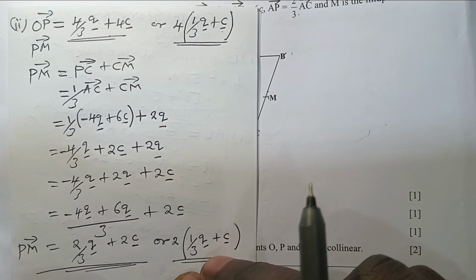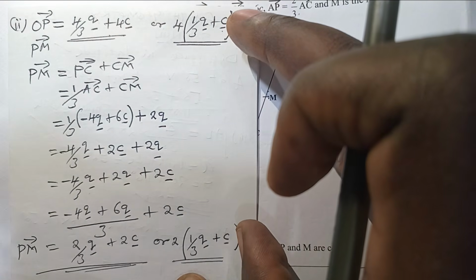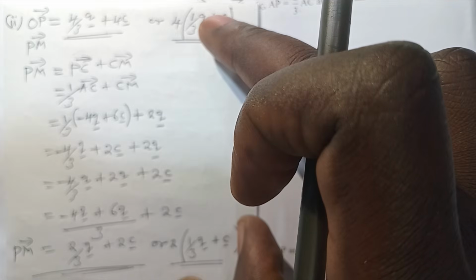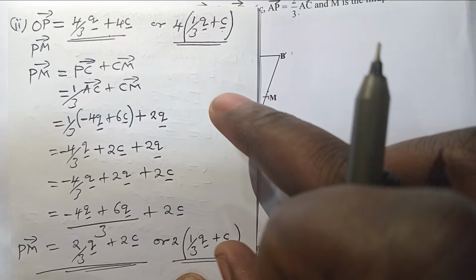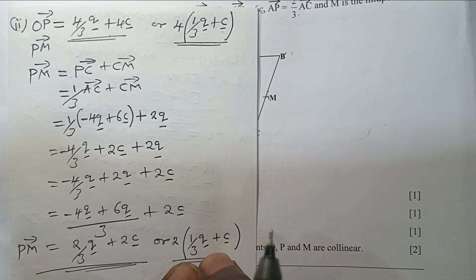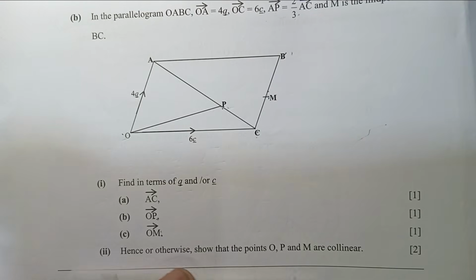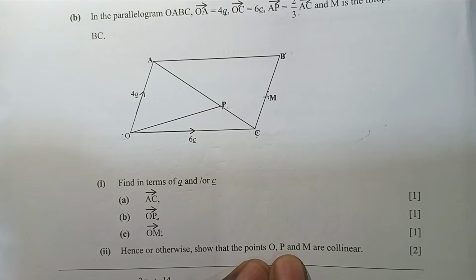We can see that the inside part is the same. In order for you to get OP, you can simply multiply this PM by a certain scalar, which is 2 in this case. So because of that, we can conclude that the points O, P, and M are collinear, or are within the same straight line.